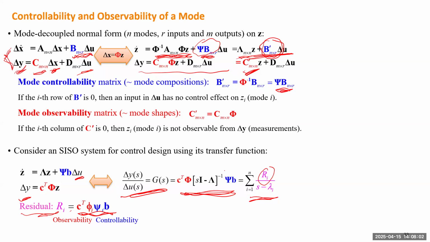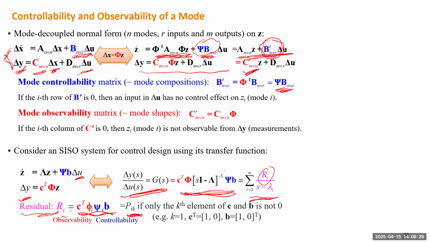So if you make this Ri bigger, this mode will have more participation from the input to the output channel. But that needs either observability or controllability to be large enough, or both. And this Ri is exactly the participation factor.